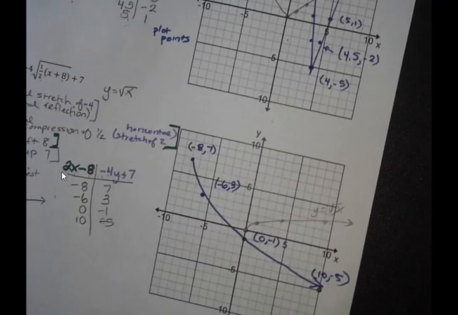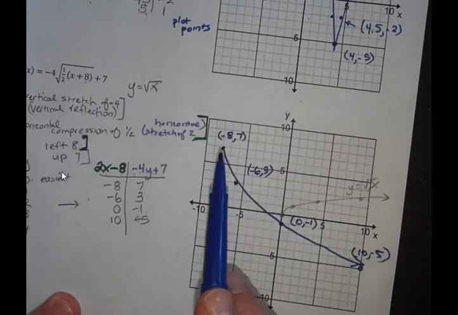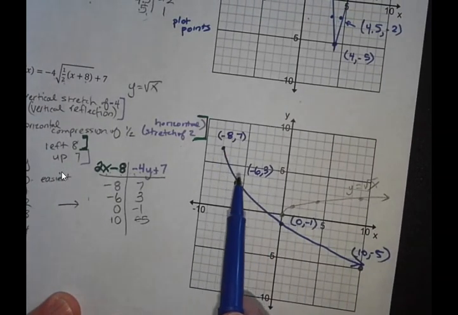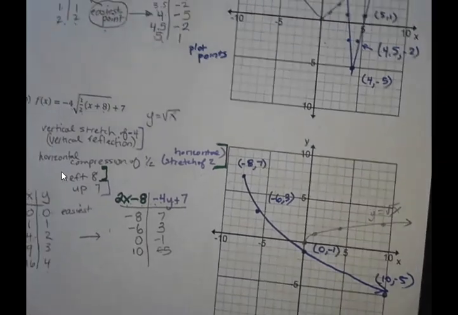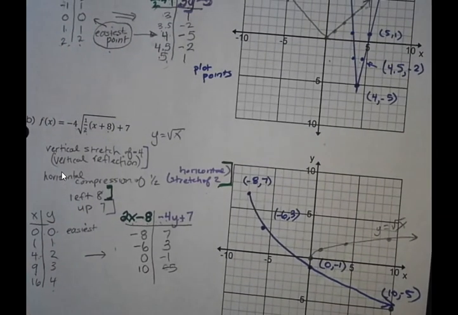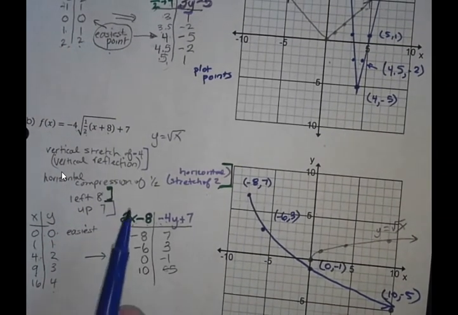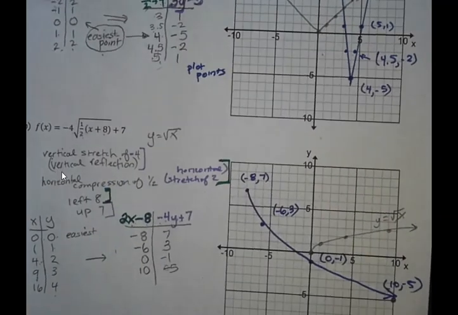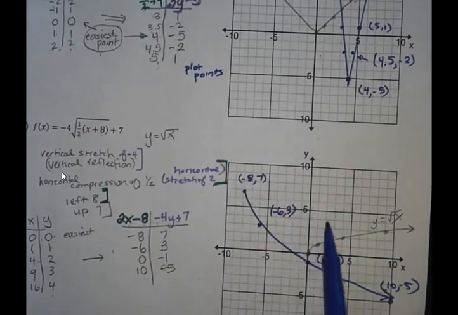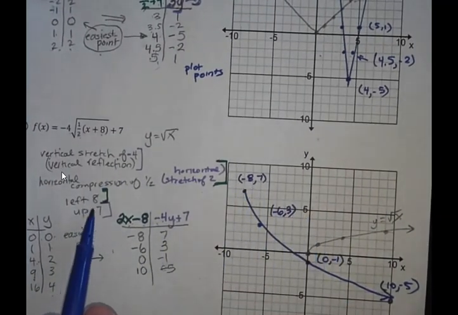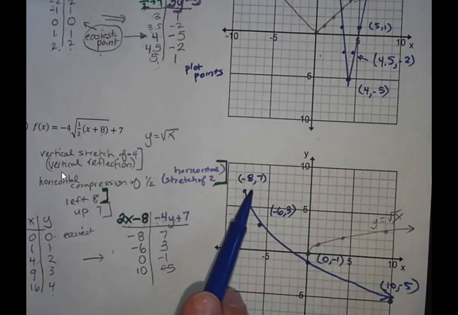All right, now I know that when I sketch it, it's that way. So here's some checks. You can kind of see that this thing shifted left 8, up 7.